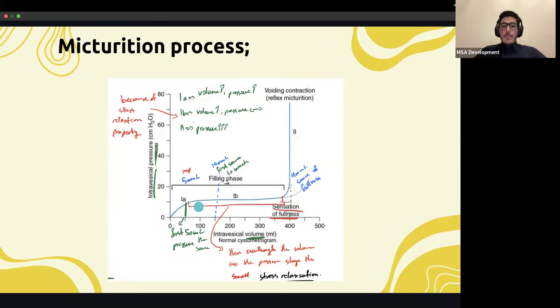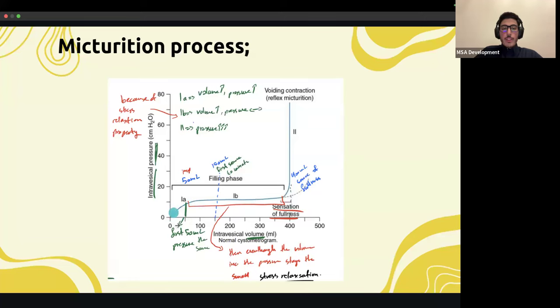This graph shows us the filling phase and the voiding contraction, which is the emptying phase. You can see that the filling phase is pretty long, lasting for hours. It's broken down into segment 1 and segment 2. Segment 1 is broken down further into segment 1A and segment 1B.